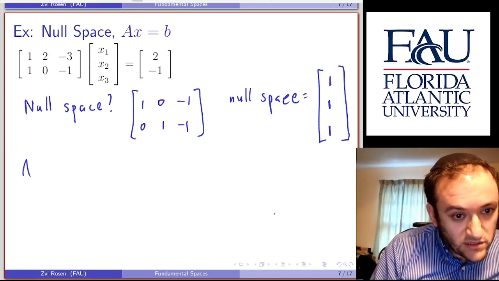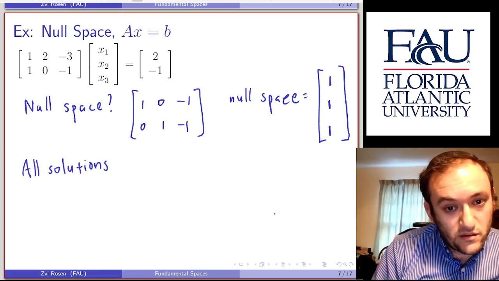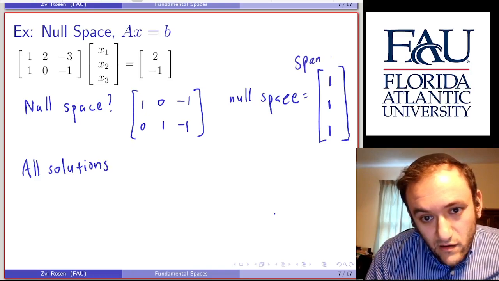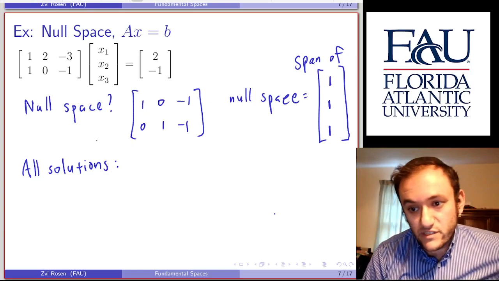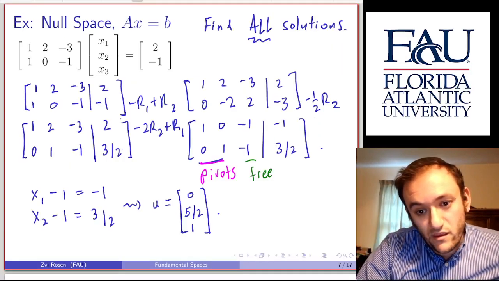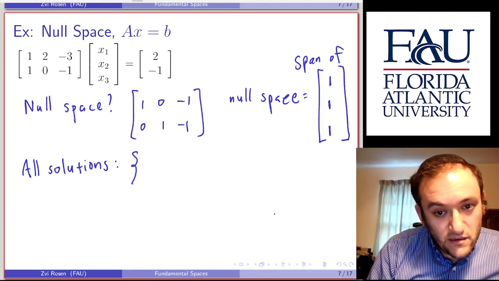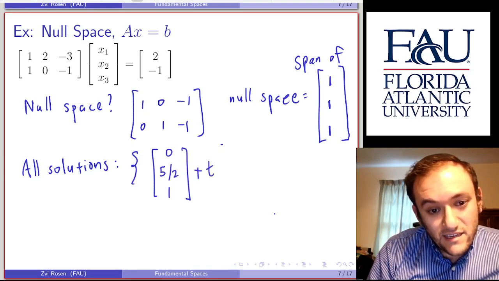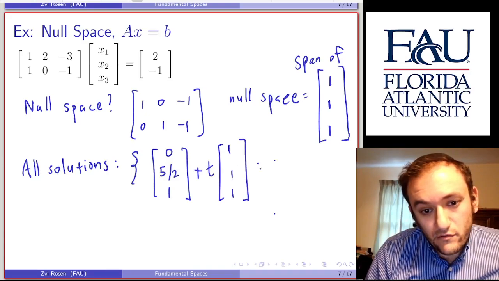So all solutions to this matrix equation will be of the form 0, 5/2, 1 plus t times 1, 1, 1, for t real.